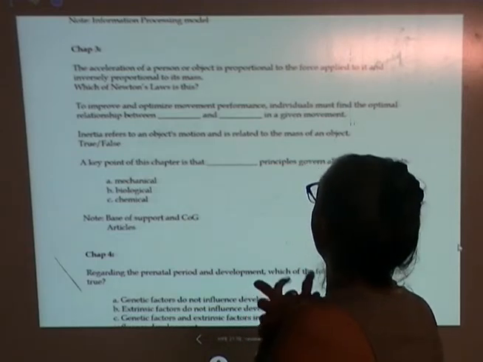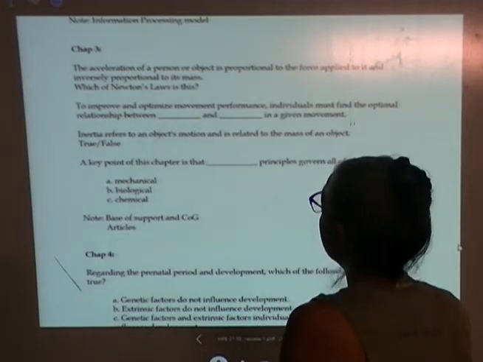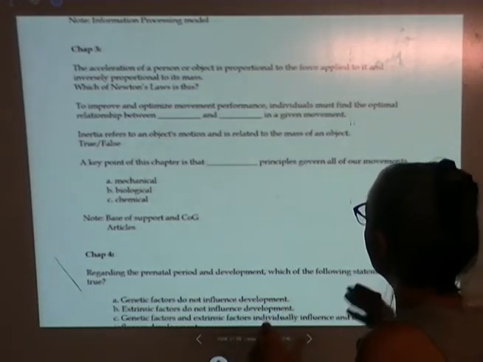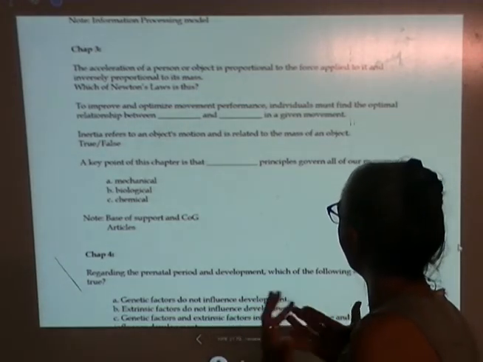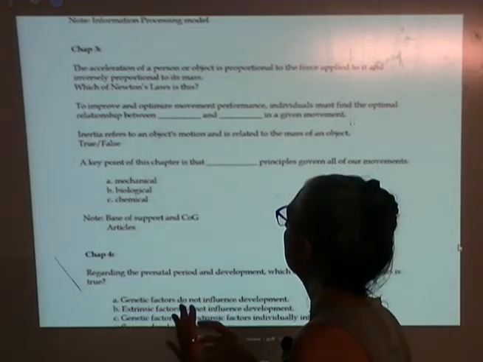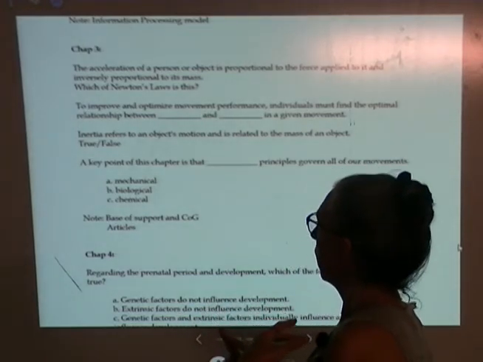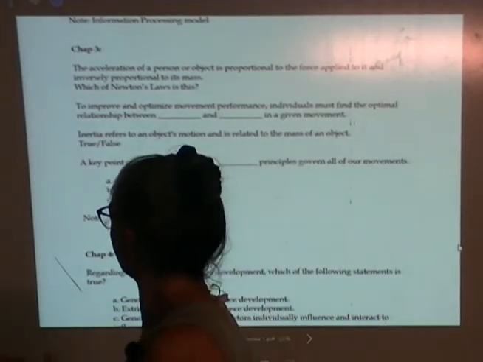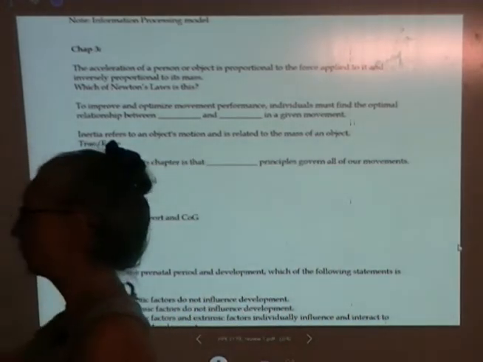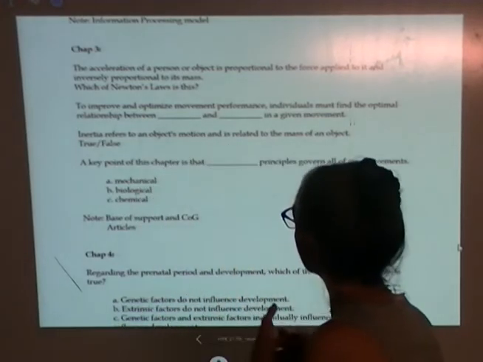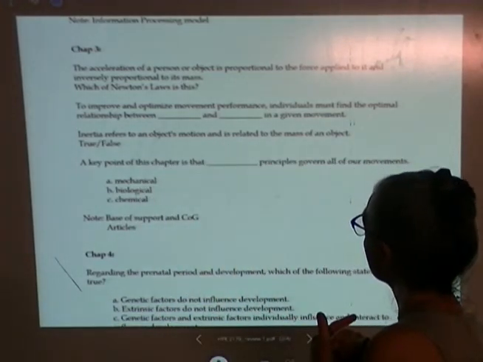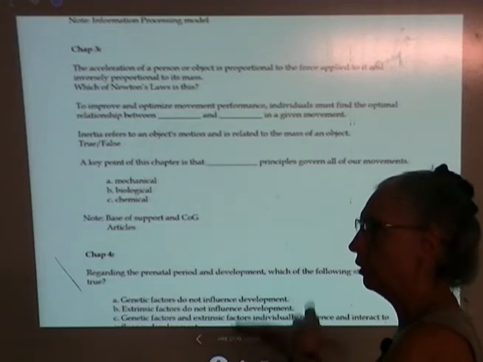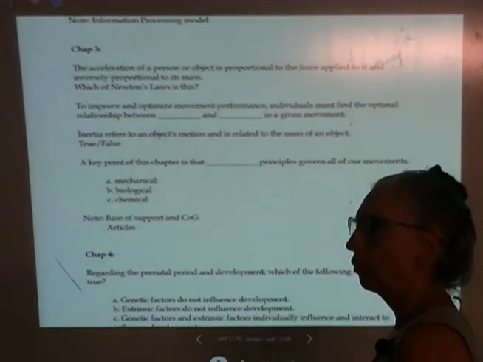All right. Okay, good. So, a key point of this chapter is that blank principles govern all of our movements. A, mechanical, B, biological, C, chemical. I'm gonna say mechanical. Well done. Yeah, mechanical principles govern everything that we do.